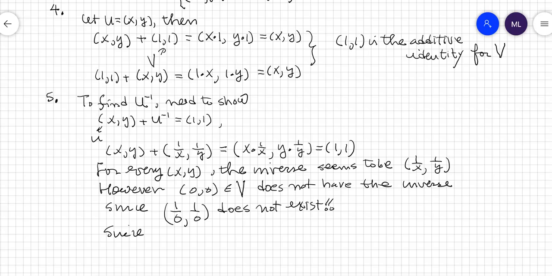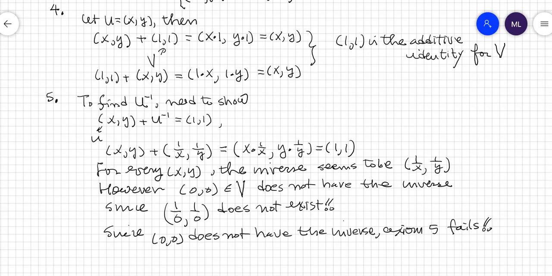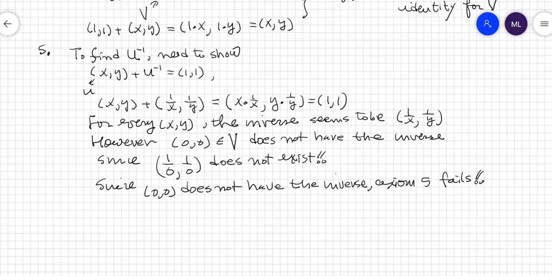Since (0, 0) does not have the inverse, axiom 5 fails. So it's not a vector space now, but they want you to find all the axioms that fail.